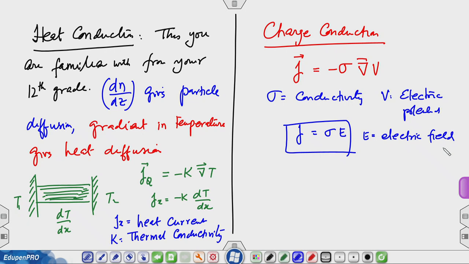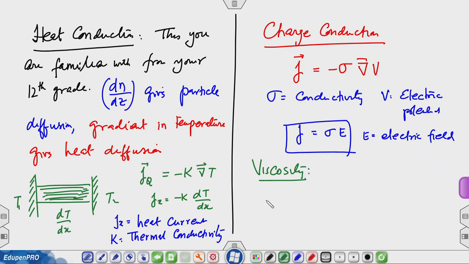Finally, I'm going to talk about viscosity, which is like frictional force acting at interface between two fluid blocks, if you like, due to velocity gradient.